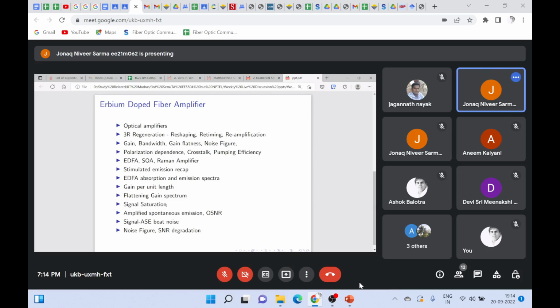And here we ended with the noise figure and how SNR degrades, and the minimum limit of SNR degradation. No EDFA can have a noise figure below 3 dB. You will need to use some other means if you want to go below.